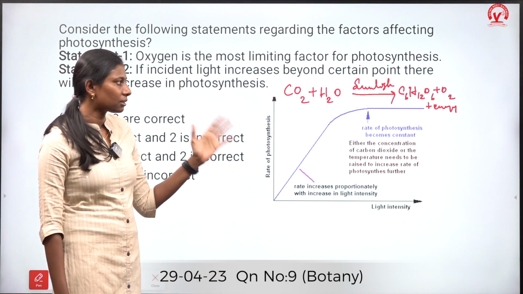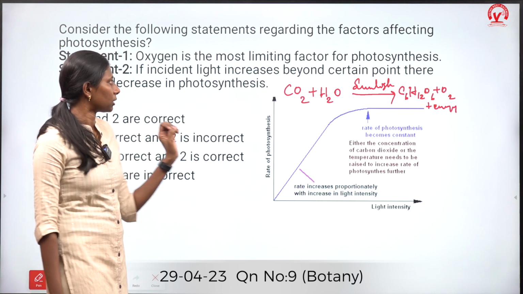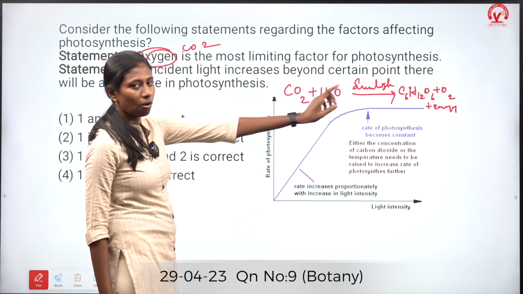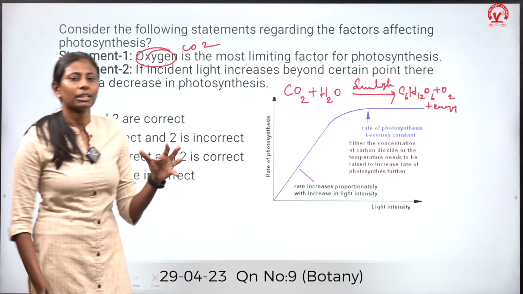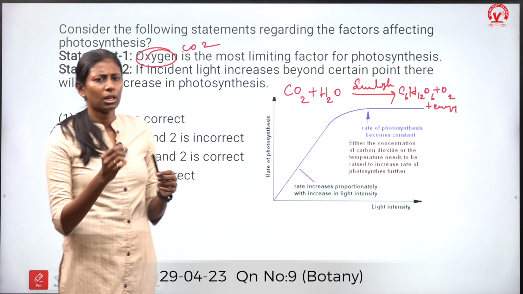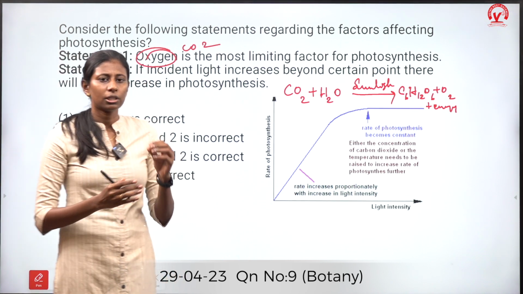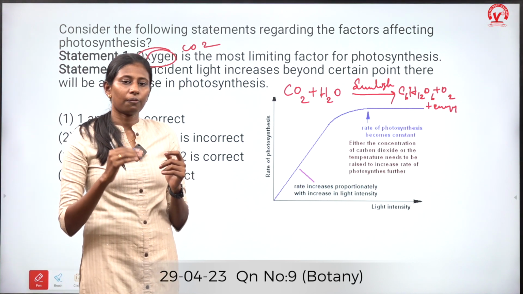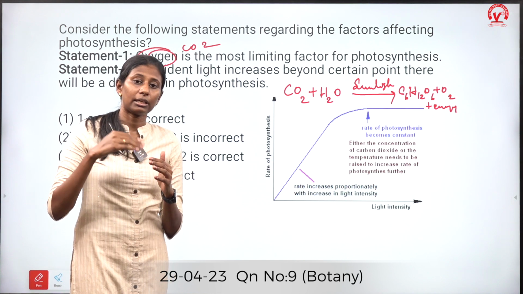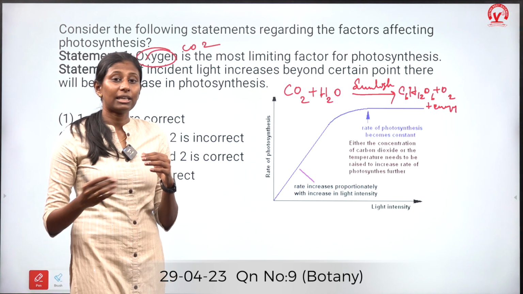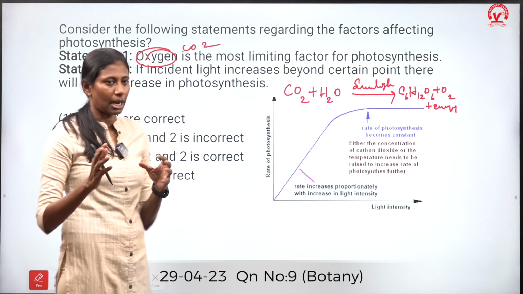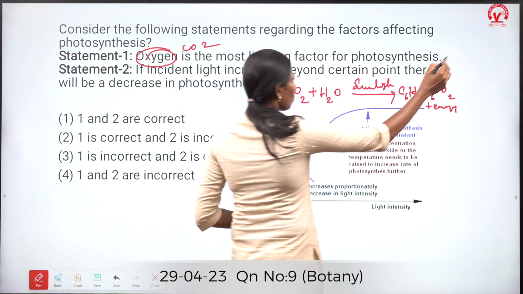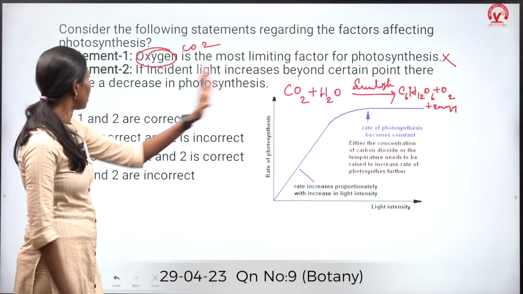Normally many factors will influence the rate of photosynthesis, but carbon dioxide is the most limiting factor for photosynthesis, because usually carbon dioxide is available in the atmosphere in a very small amount, that is 0.03% to 0.04%. If the percentage is increased to 0.05%, the rate of photosynthesis will increase. But beyond that level, it will result in damage to the plants. So carbon dioxide is the most limiting factor for photosynthesis. So we can eliminate this point.